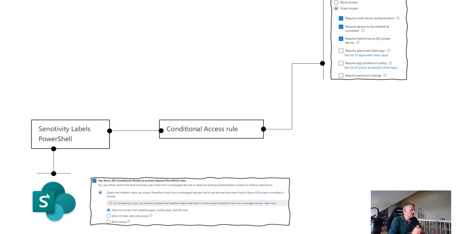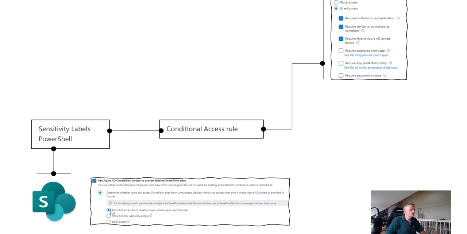You could use PowerShell for this, using the Set-SPOSite command to set a conditional access policy for a specific site. Those options were limited basically to full access, limited access, or block access. In order to have these working, you really needed a conditional access policy.